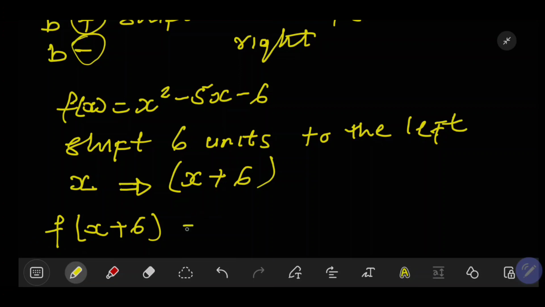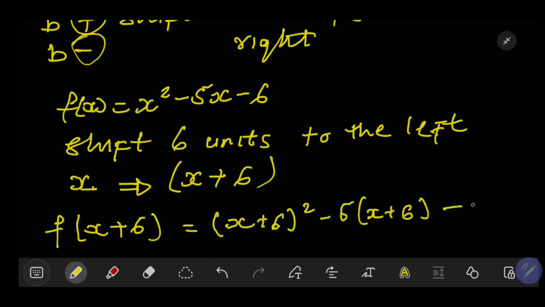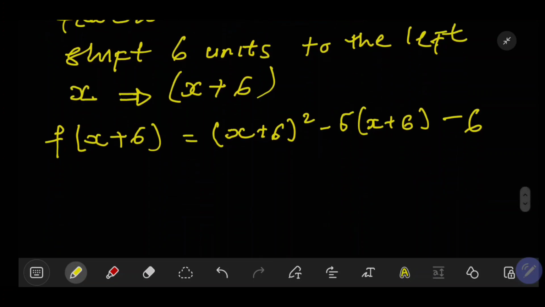So this will be equal to, when we see x here, we're going to square x plus 6, then minus 5 into x plus 6, then minus 6. Then we solve this. So this is the new equation when we shift this graph 6 units to the left.